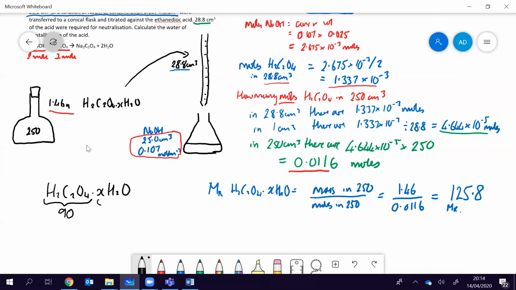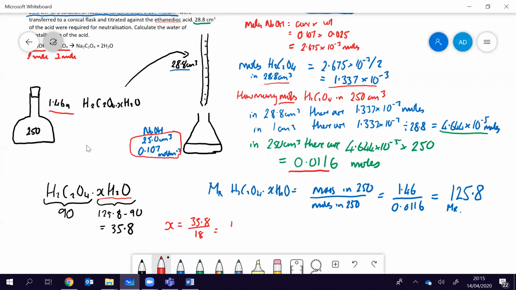Okay, so this bit here is going to be 125.8 minus 90, which is going to be equal to 35.8. So how do we find out the value of X? Well, one water molecule is going to weigh 18, isn't it? So X is equal to 35.8 over 18, which is equal to, well, it's going to be 2, isn't it? What's the exact number? 35.8 divided by 18.